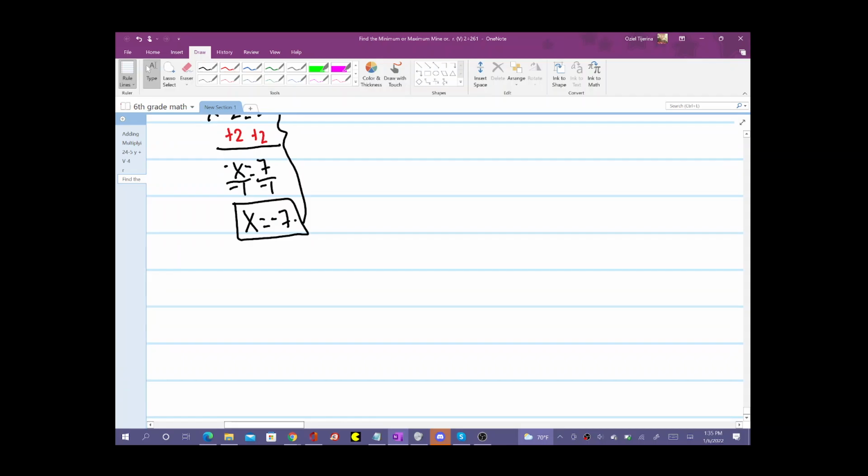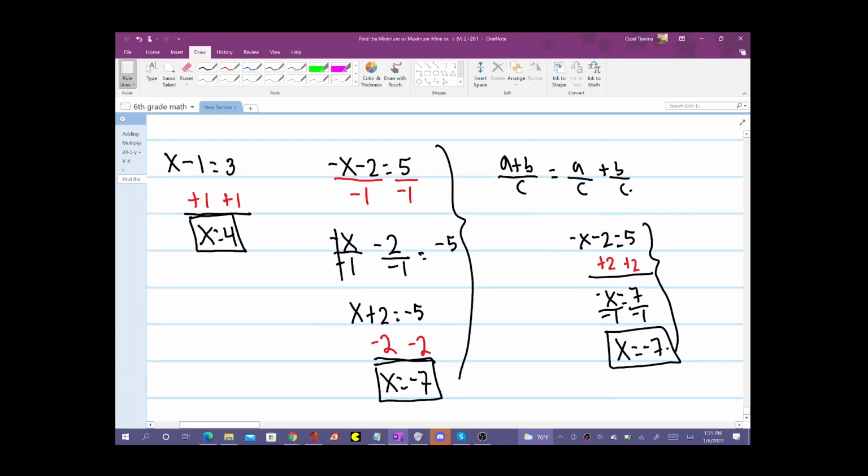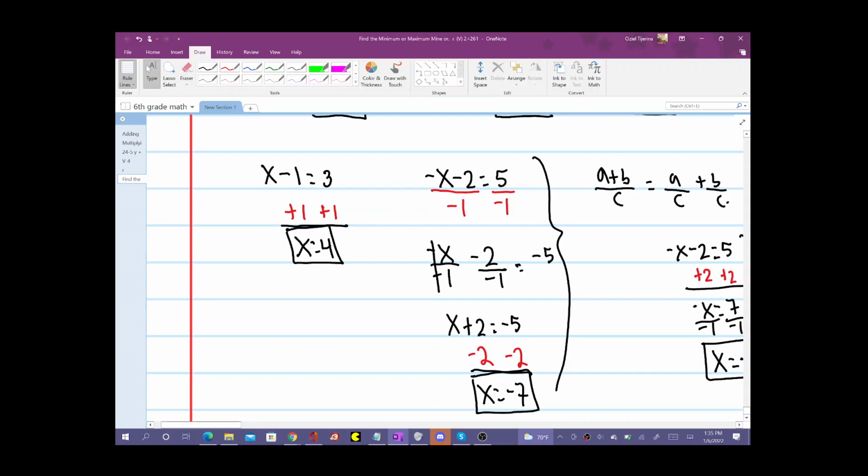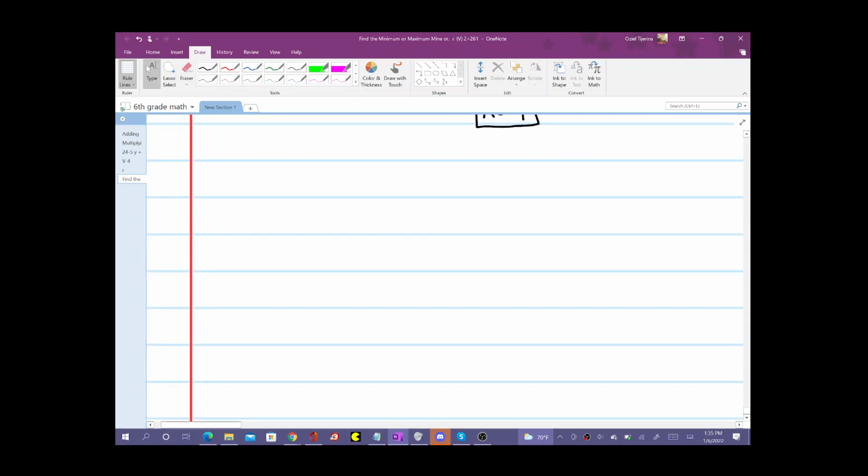So now what about two-step equations, right? Two-step equations are whenever you have a variable or a leading term in front of your x. So for example, let me rewrite it, 2x minus 10 equals 20, or let me say 10 instead.